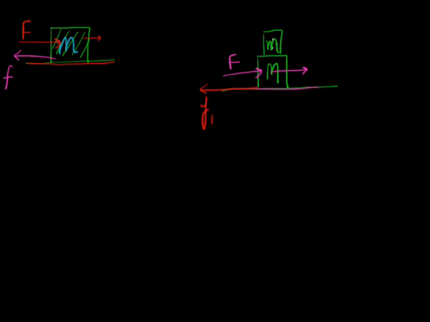But if we talk about the block of mass small m, then with respect to the surface on which it is placed, when we have applied the force F on capital M in this direction, and it has the tendency to move in this direction, then with respect to capital M, this small m will have the tendency to move in the opposite direction, right?